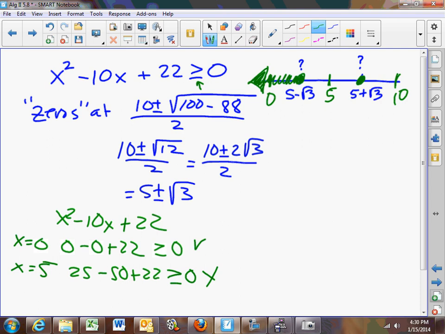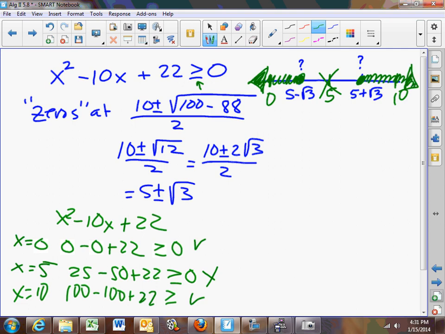So we don't want that region there. We're not going to take this region here. Now we can try x equals 10. 10 squared is 100, minus 10 times 10, that's another 100, plus 22. We want it to be greater than or equal to 0. It is, because we get 22. So we will take this region here. So I'll fill this in, and I'll put an arrow over here.